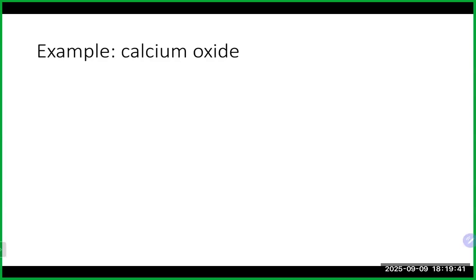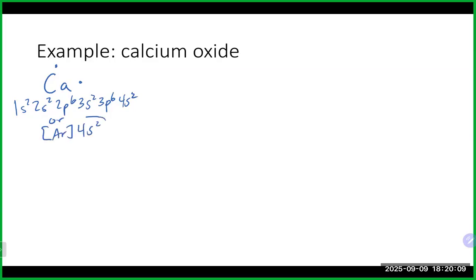So let's take a look at calcium chloride or calcium oxide. Calcium, which is group number 2 on the periodic table, would have 2 electrons. And once again here, we would have an electron configuration 1s2, 2s2, 2p6, 3s2, 3p6, 4s2, or if you want to shorten it there, argon 4s2, these being the 2 valence electrons that we see in calcium.